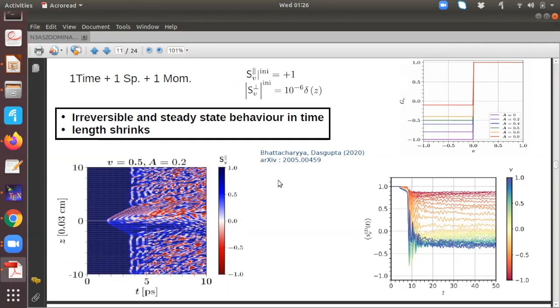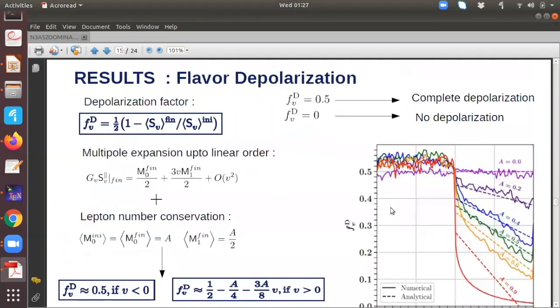In the initial condition, we have given a seed at a specific point of the box, a delta function seed. We find that the final state is independent of wherever we put the seed and whatever type of initial condition we choose for the box. It is also independent of the box size. We also checked that if we increase or decrease the box size, it doesn't change the final state, the ultimate answer that we get, which is this flavor depolarization picture.